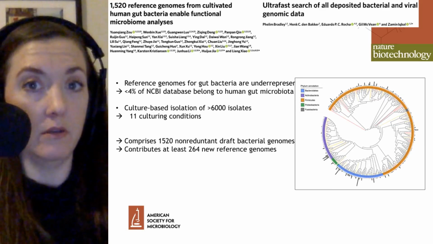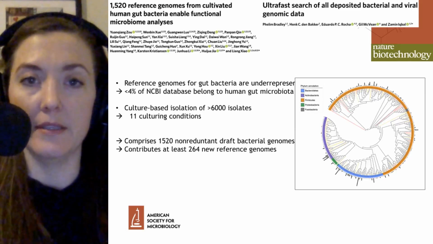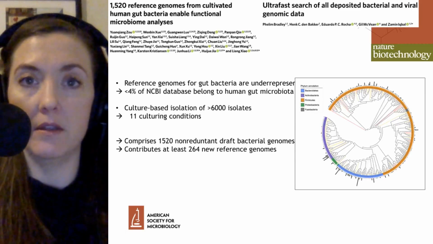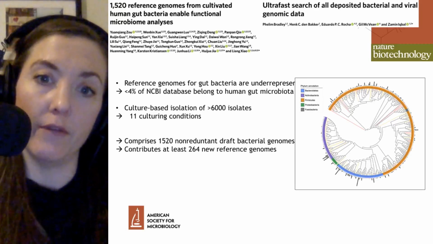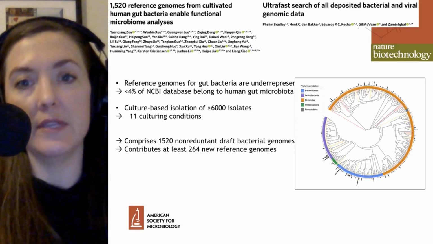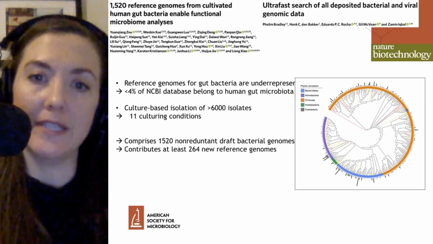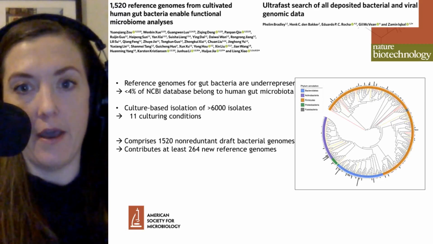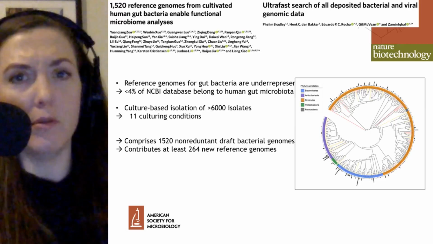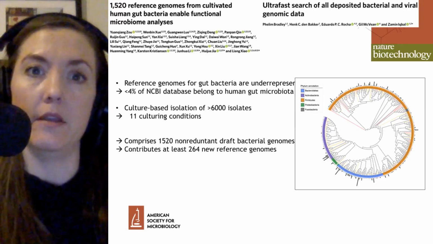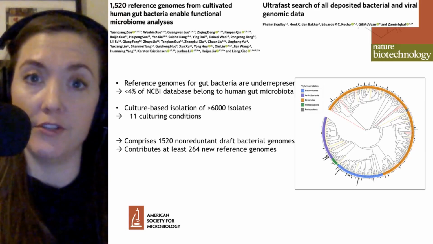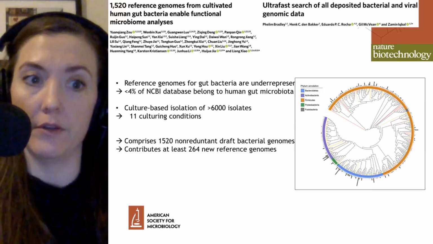This contributes to that database and to databases where these sequences are deposited, at least 264 new reference genomes, which, as you can see in the picture on the right, are representative of many of the different phyla that are normally associated with the gut microbiota, but now instead of having merely partial sequences, we have entire gene sequences to be able to look for different characteristics.